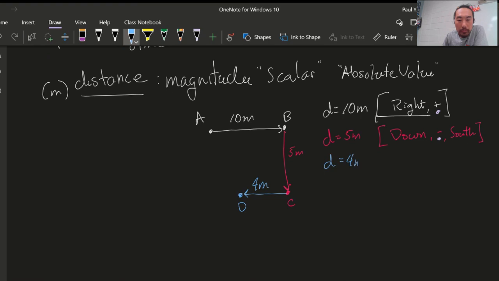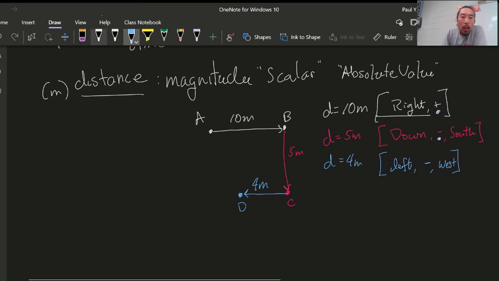Once again, in brackets, I'm showing you what I am omitting, which is the direction. I didn't say I went to the left, which is usually negative, or that I went west. These are all directions.